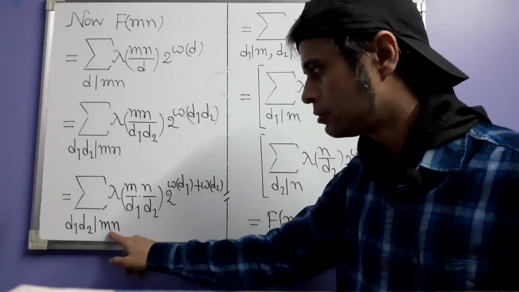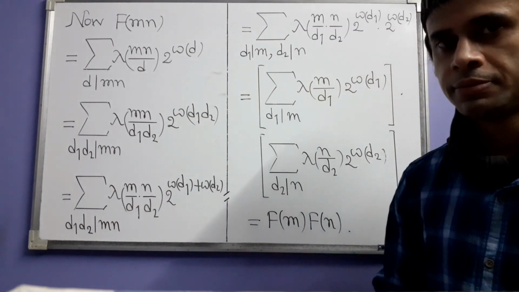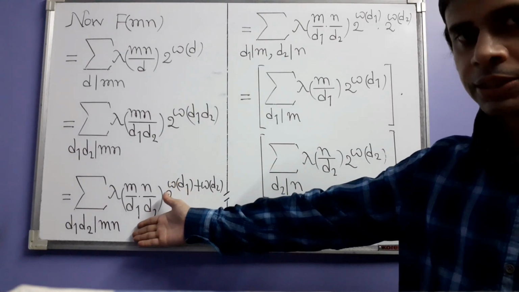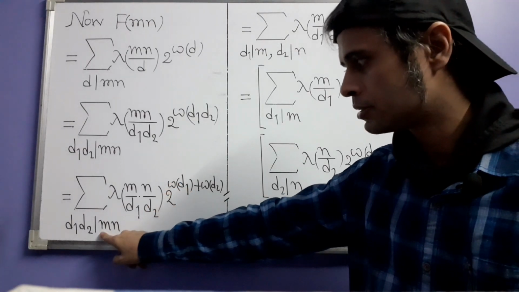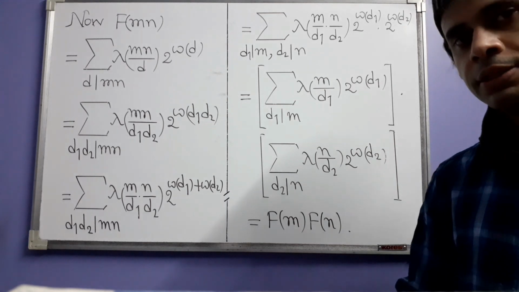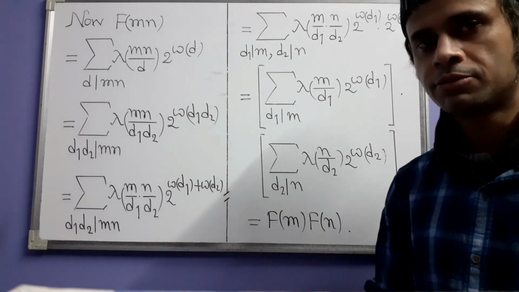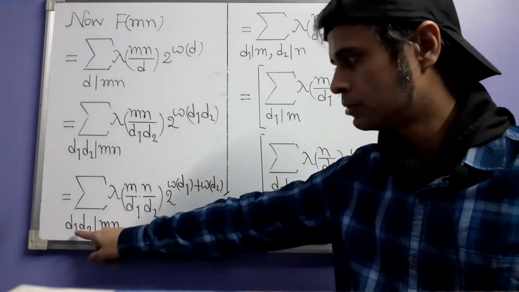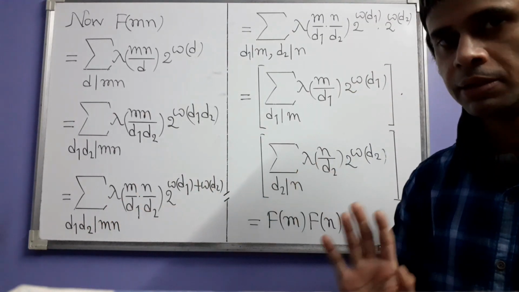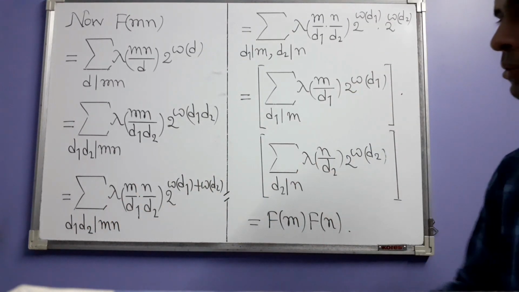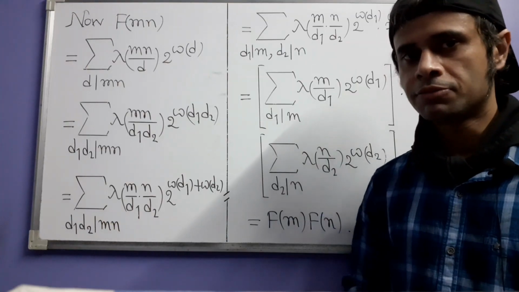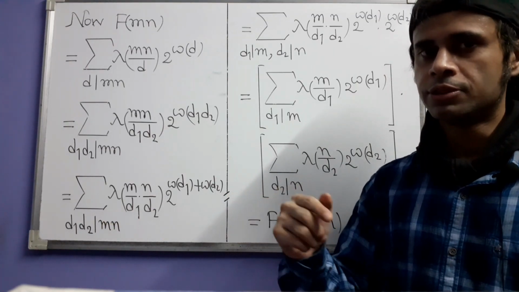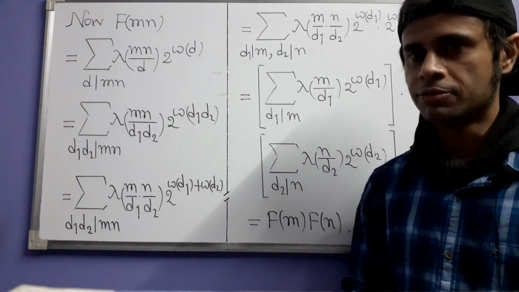Then you calculate mn. It will be 12 for the numbers I said just now, m is 3 and n is 4. They are relatively prime, so mn is 12. Now you write the sum for 12 in place of mn. The positive divisors of 12 are 1, 2, 3, 4, 6, 12.